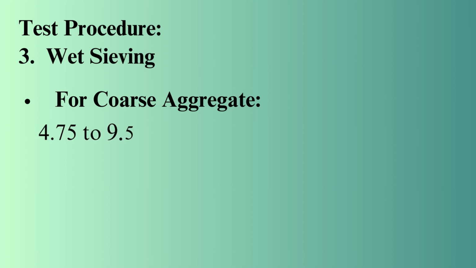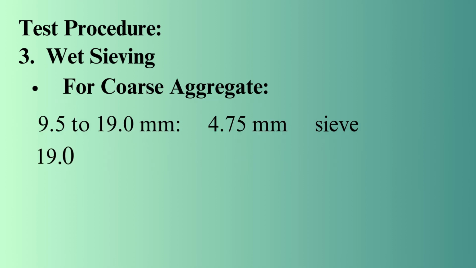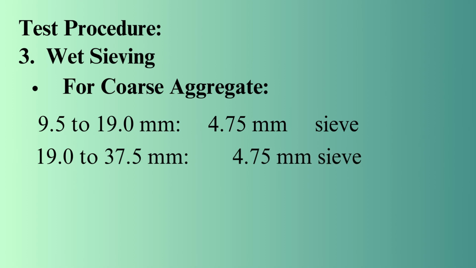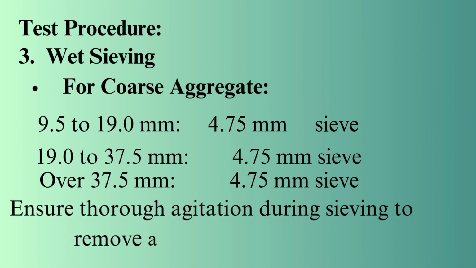For coarse aggregate, 4.75 to 9.5 millimeters, 2.36 millimeters sieve. 9.5 to 19.0 millimeters, 4.75 millimeters sieve. 19.0 to 37.5 millimeters, 4.75 millimeters sieve. Over 37.5 millimeters, 4.75 millimeters sieve. Ensure thorough agitation during sieving to remove all undersized particles.